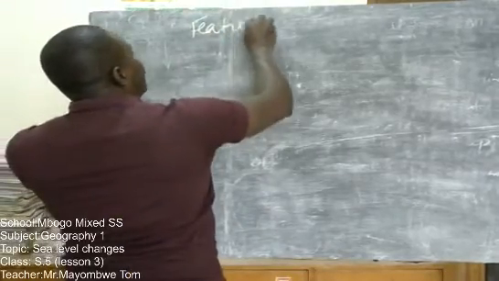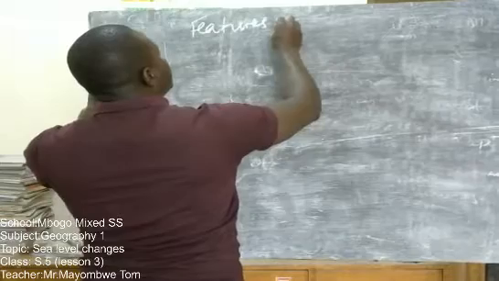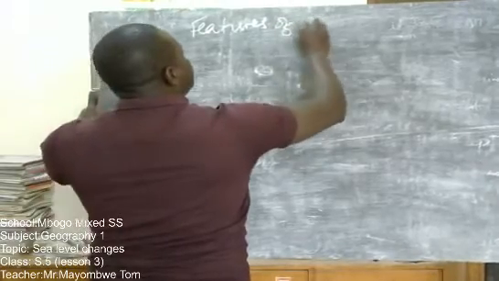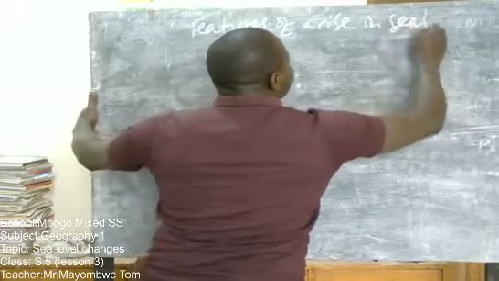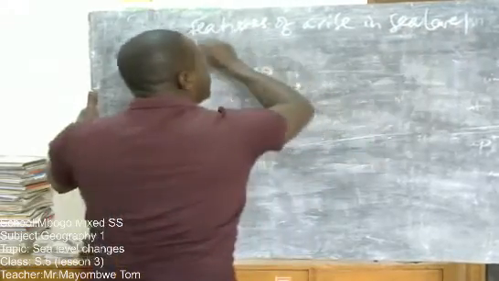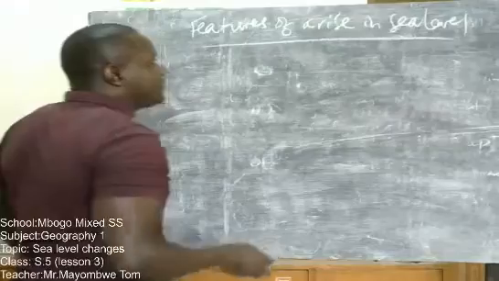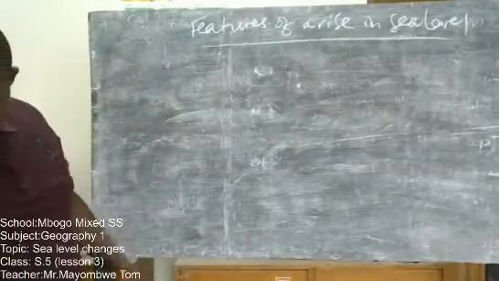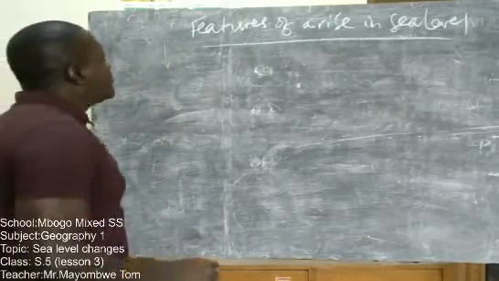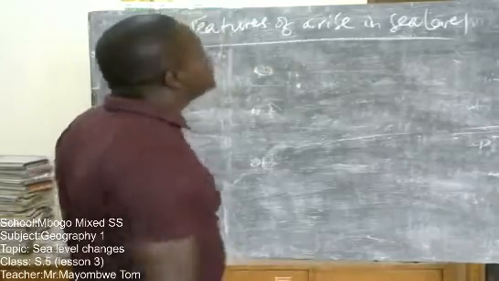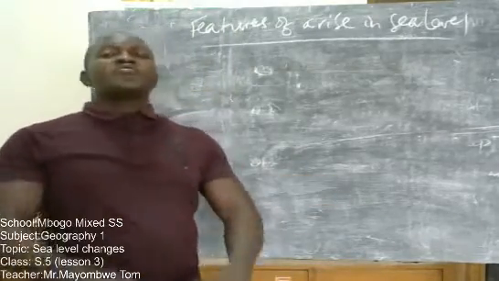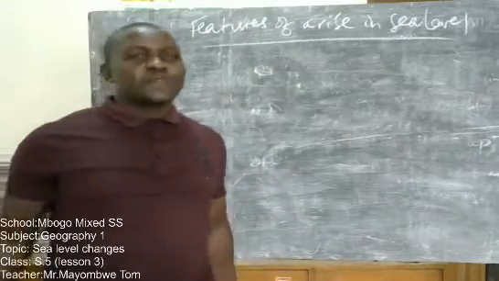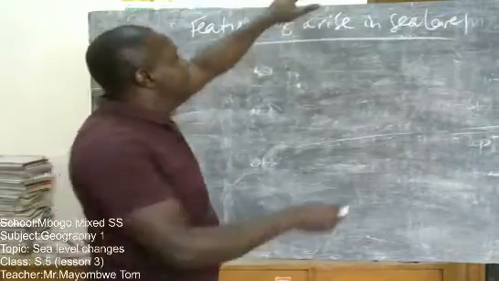So with the features, there are quite a number of features of a rise in sea level. These are also features that are brought about by positive sea level changes. These are also features brought about by marine transgression, features of a rise in the sea level.